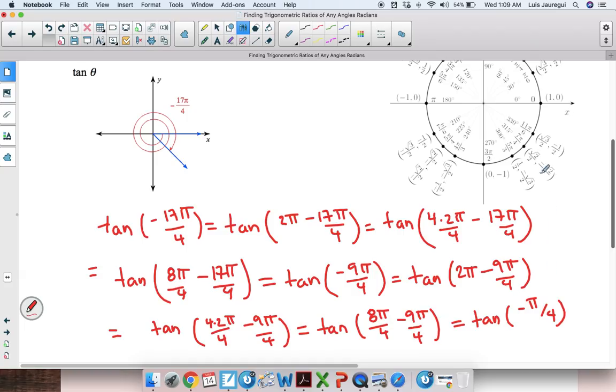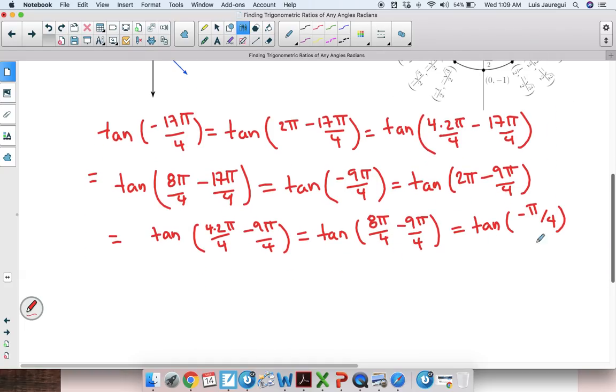But negative pi over 4 is still not an angle on the unit circle. So let's add another 2 pi there. So this is the same as tangent of 2 pi minus pi over 4. Again, you're looking at the common denominator.